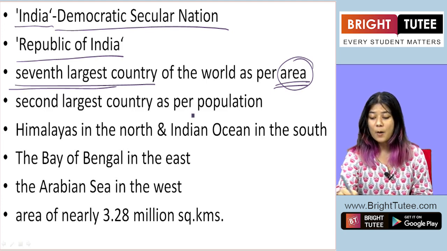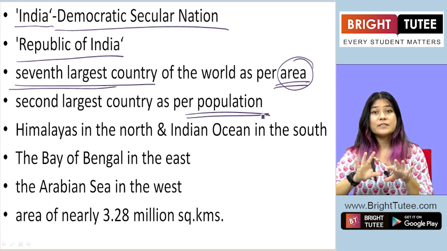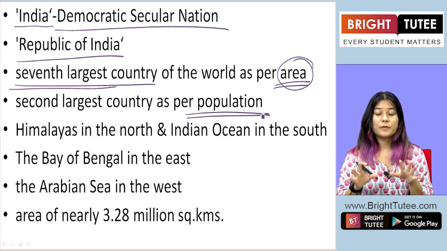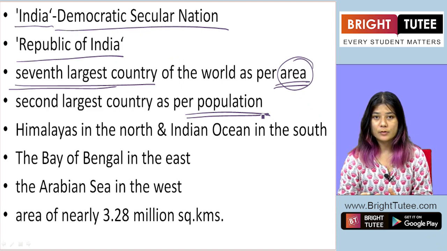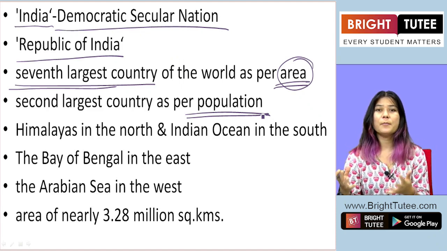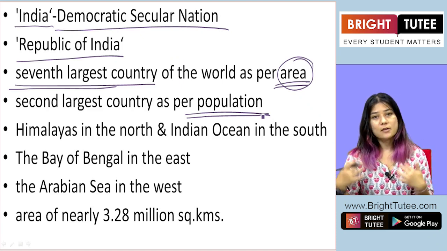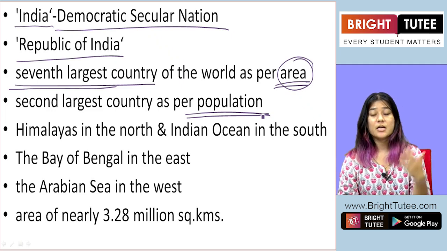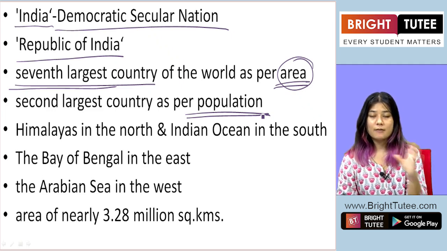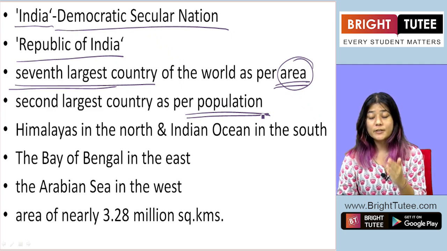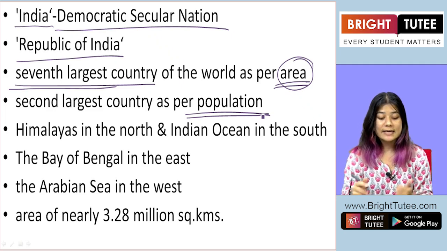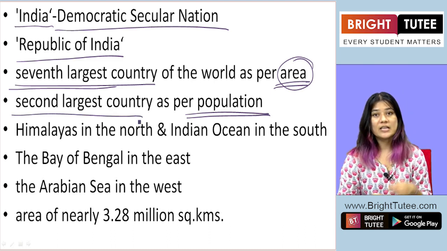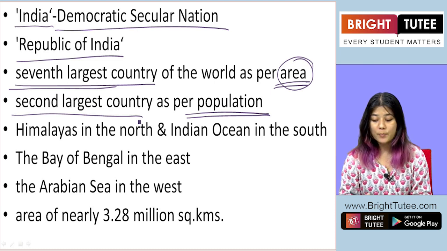And in terms of population, if we see the countries according to who has the largest number of people living in the country and the lowest number of people living in the country, then India comes second. Okay, India is the second largest country in terms of population.